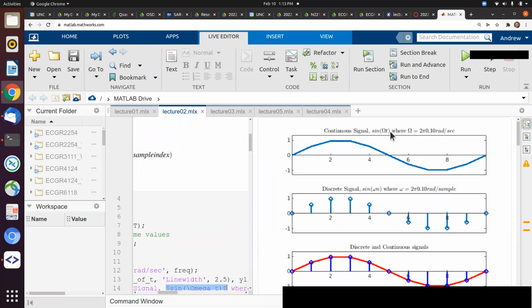And so there's some fancy MATLAB stuff going on in the MLX files that might be useful if you ever have to prepare reports with math in them. It can be kind of hard to do.